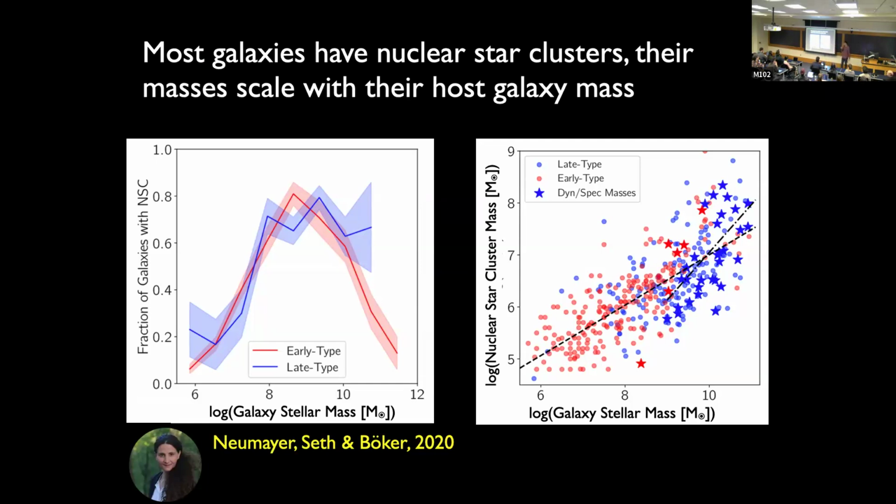Over a wide range of galaxy masses, more than half of galaxies have these really massive star clusters at their centers. These clusters are typically more massive and denser than globular clusters. They're the densest stellar systems that we know of. And the mass of the nuclear cluster correlates with the mass of the galaxy that it lives in. So more massive galaxies have more massive nuclear clusters.